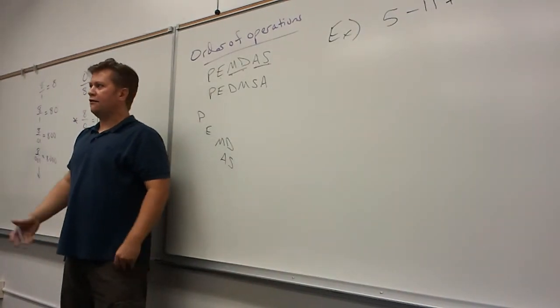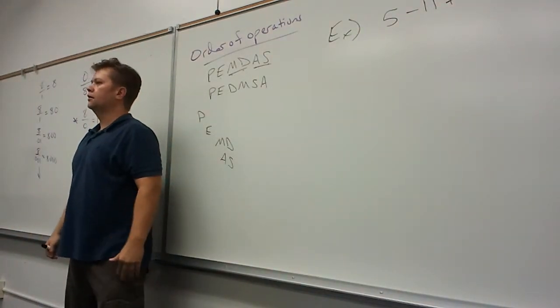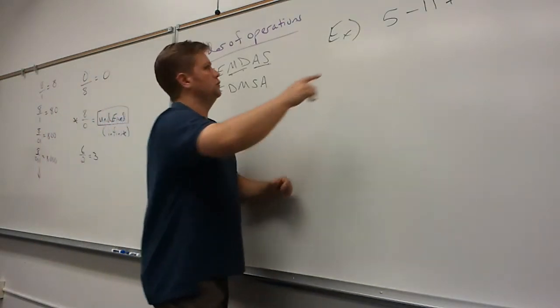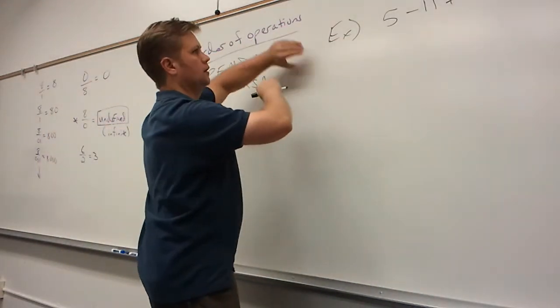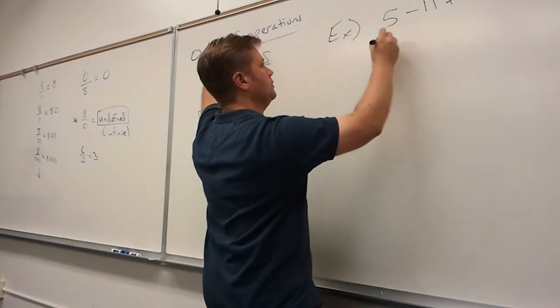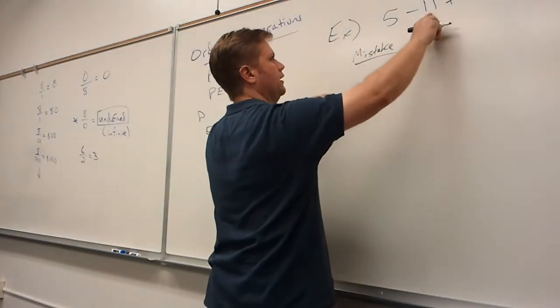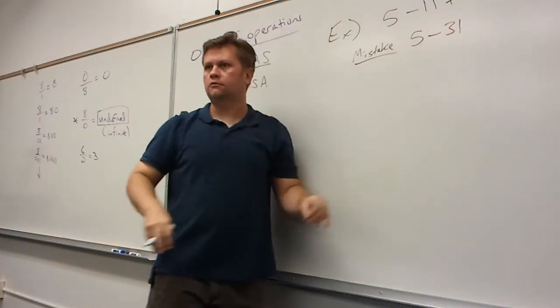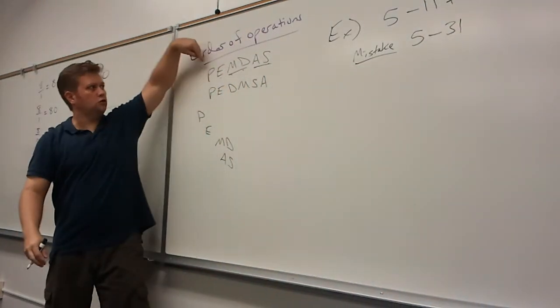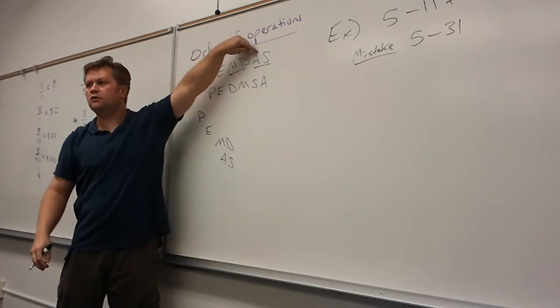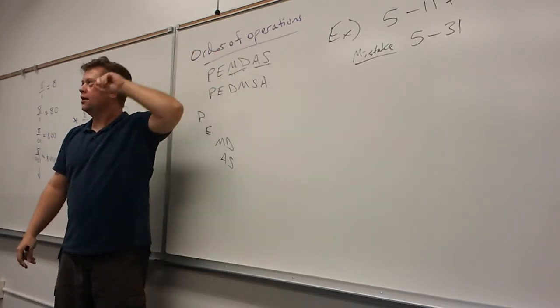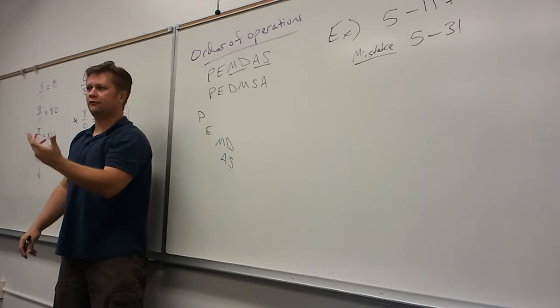You should be able to pay him off and still afford some lunch. But if you do addition first, you might make a mistake. You might think it's 5 minus 31. Do you guys see that? Somebody following this exactly would do that because A comes before S. But you see how it doesn't jive with real life.